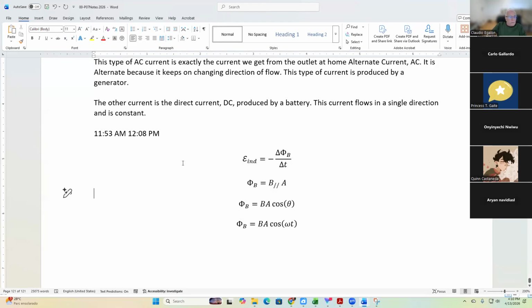Now one thing that's very important, right? If the flux changes in a cosine fashion, when we put this in this equation, what do we get?